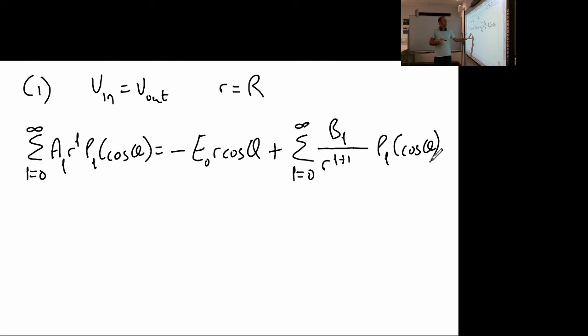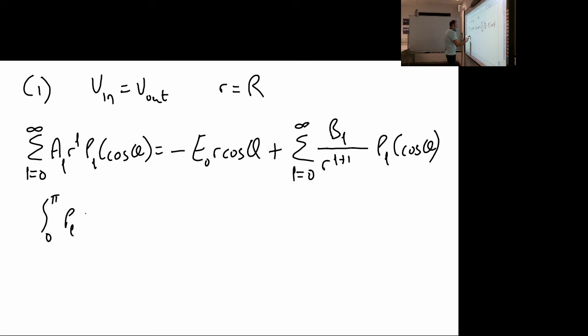And in order to solve this, we're going to use something called Fourier's trick. Since the Legendre polynomials are orthogonal functions, we can integrate them between 0 and pi.